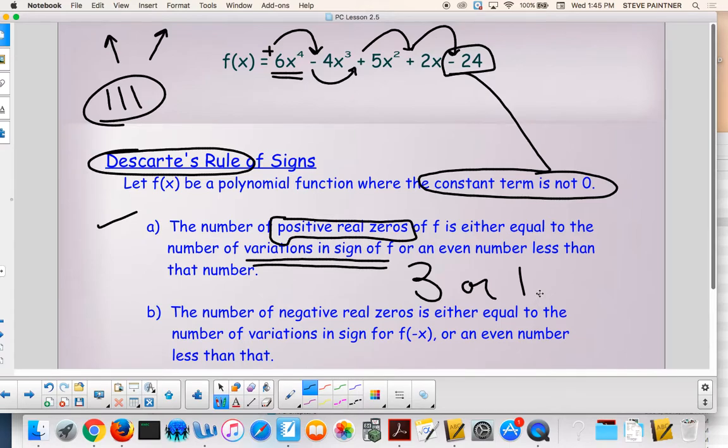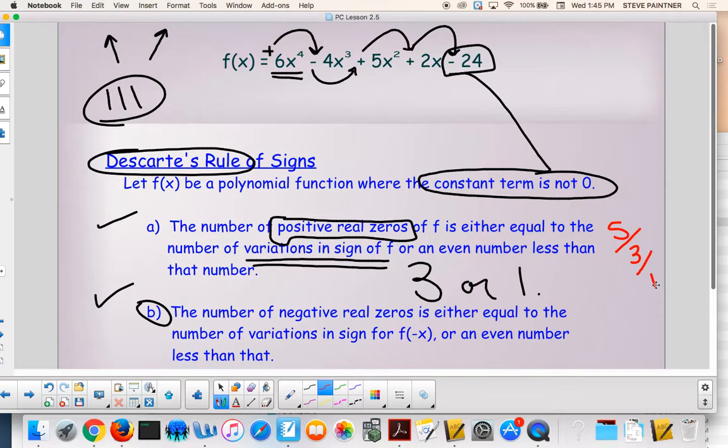So the rule, it just keeps subtracting 2 until you get down to 0. So it could have 3 positive real zeros, or it could have 1. That's it. That's all it is. What if it was like 5? Well, then it's 5 positive reals, or 3, or 1. It's always minus 2.